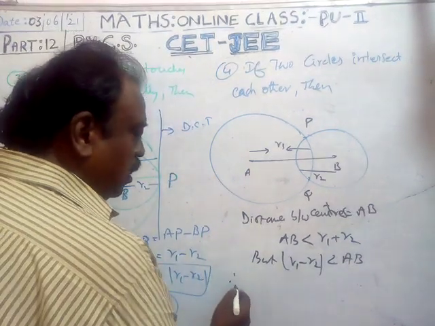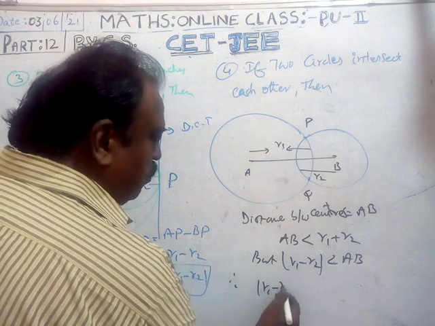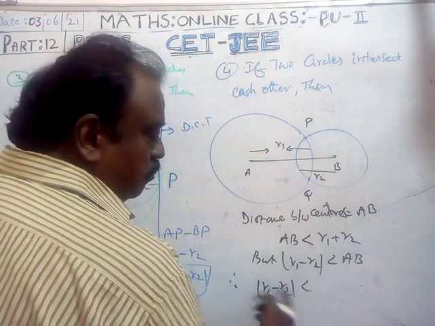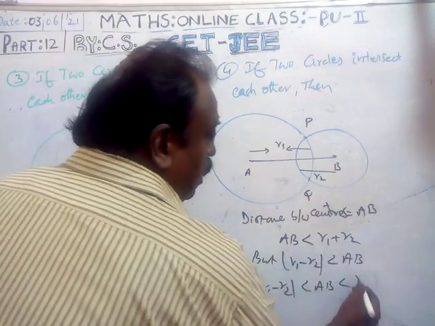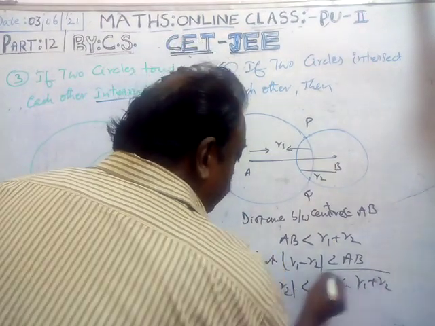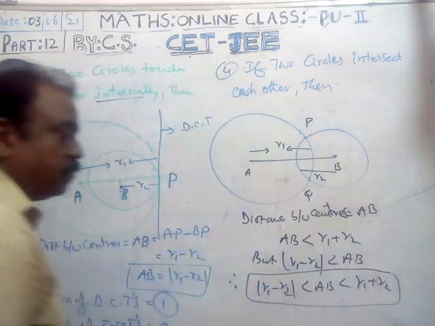Therefore, we can conclude that the modulus of R1 minus R2 is less than AB, which is less than R1 plus R2. This is an important concept.